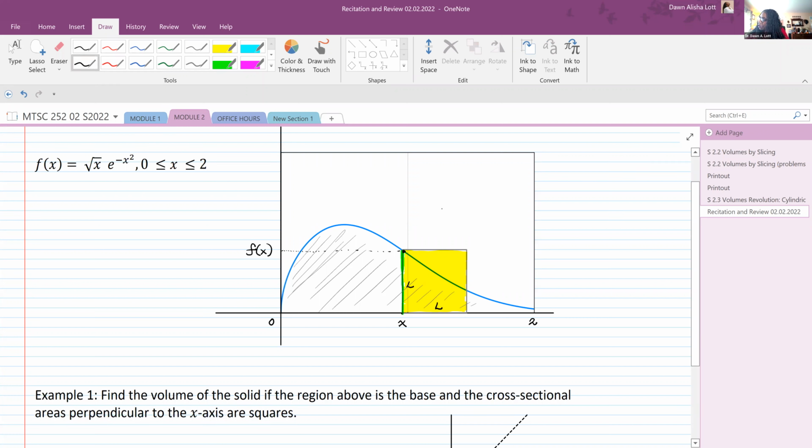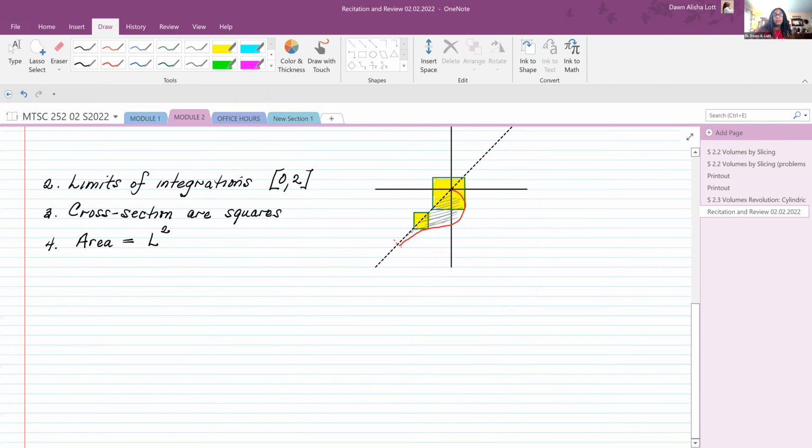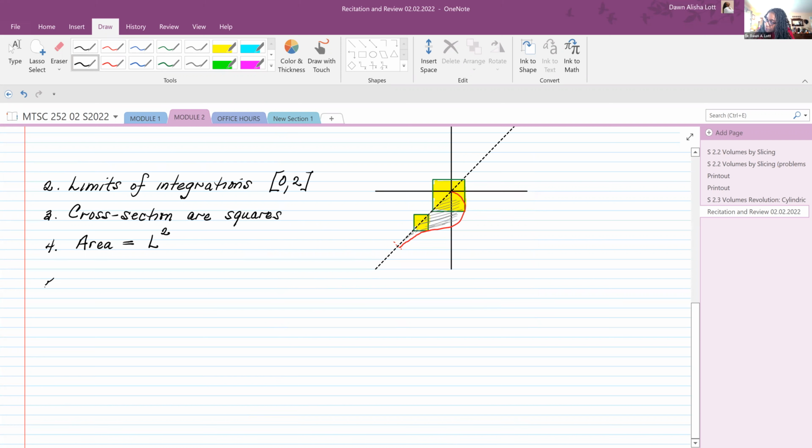So the length is simply the square root of e to the negative x squared. That's the length, because it's lying flat on the ground, and the squares are perpendicular to the x-axis. Okay, so now we have a formula. The area is the length squared, but that's the square root of e to the negative x squared.